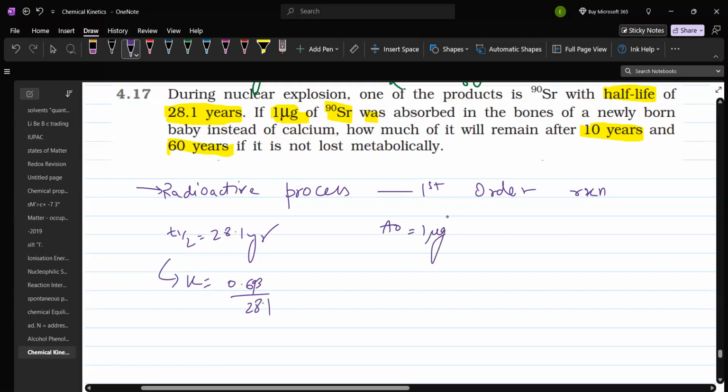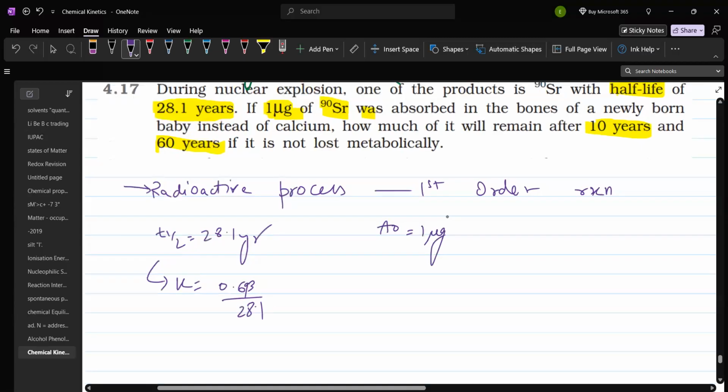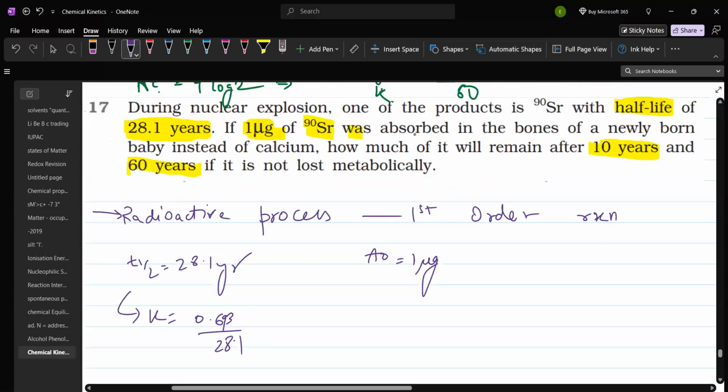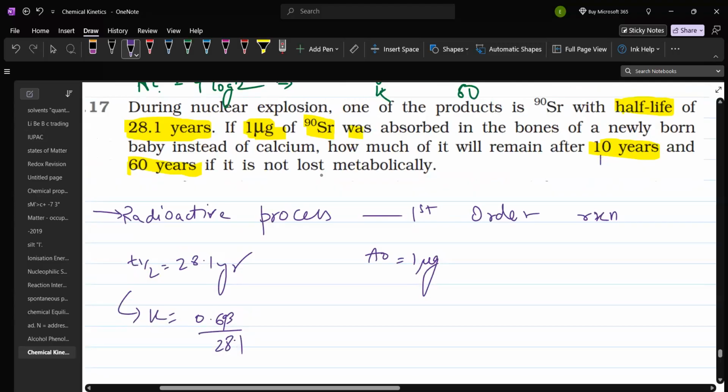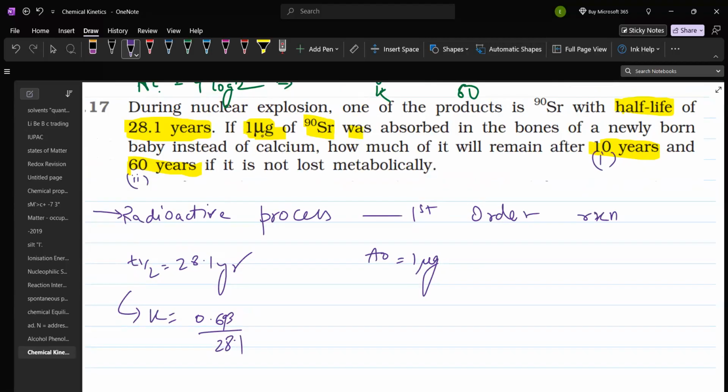For the MCQ, the first question is about 10 years and the second is about 60 years. From the MCQ you can directly say that 0.5 microgram is the concentration after 28 years only. So after 10 years, the remaining concentration will be more than 0.5 microgram. Yes or no?